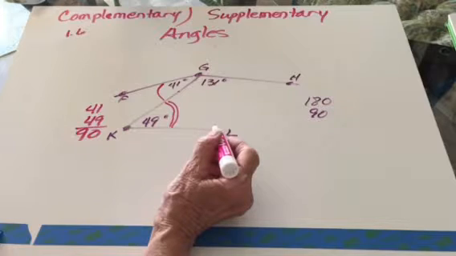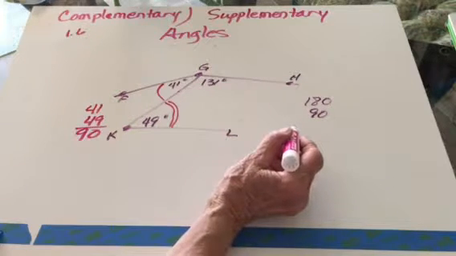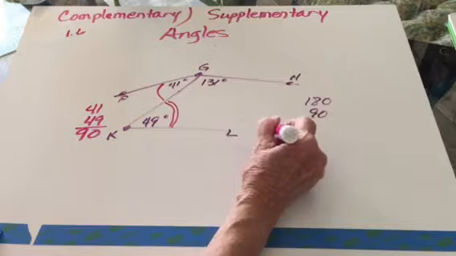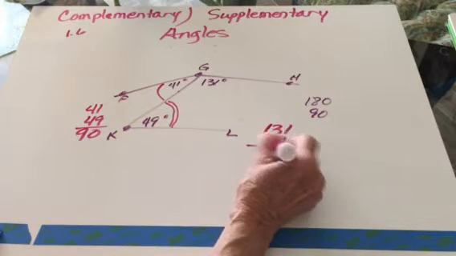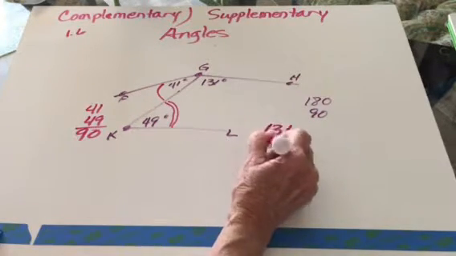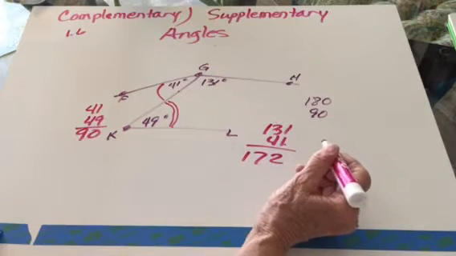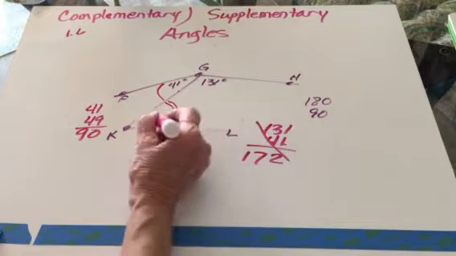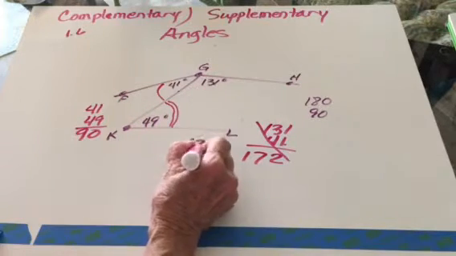What else? Do you see anything else that adds up to either 90 or 180? How about 131 plus 41? 131 plus 41, one was 2, 7, 1. Nope, that doesn't work. How about 49 plus 131?